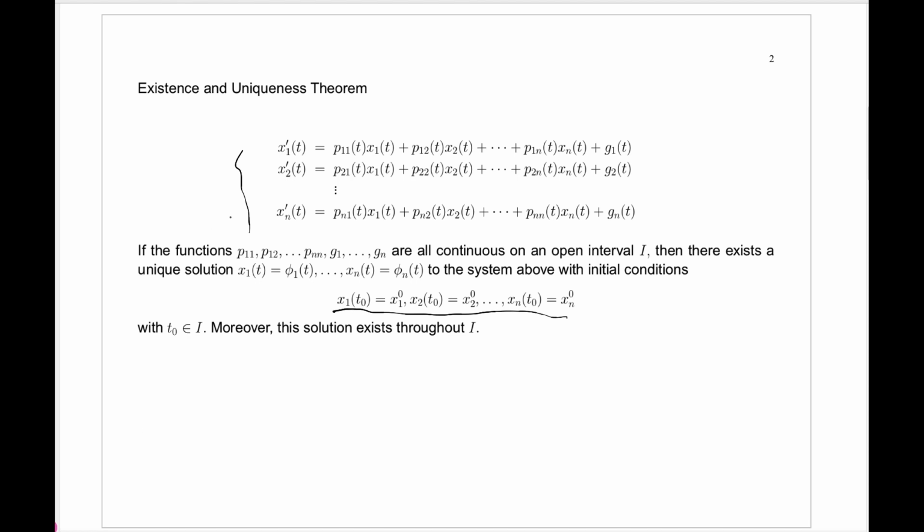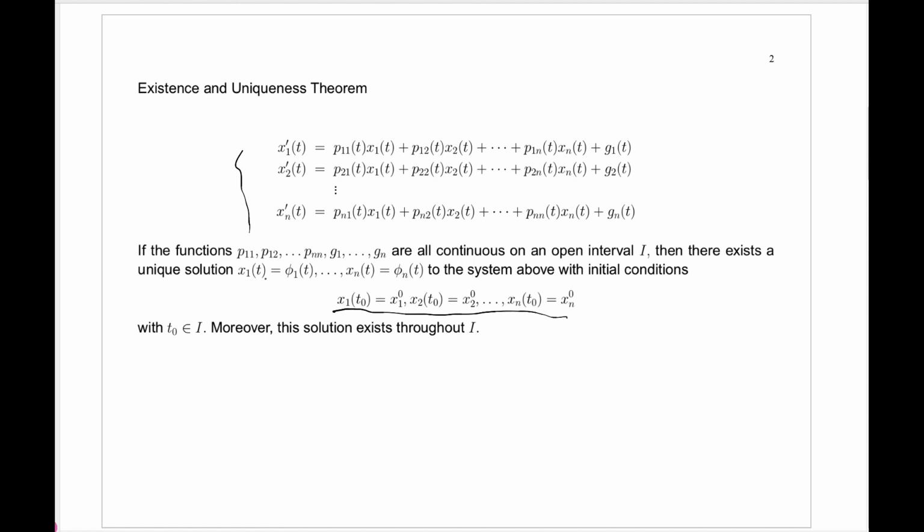The existence and uniqueness theorem now tells us that as long as all of our coefficient functions, all of the p's, and remember there are n squared coefficient functions, p11 through pnn, and all the constant functions here, the ones at the end, g1 through gn, as long as all of those are continuous on some one fixed open interval I, and of course that I should contain this number t0 where our initial condition is specified, then there will be a unique solution.